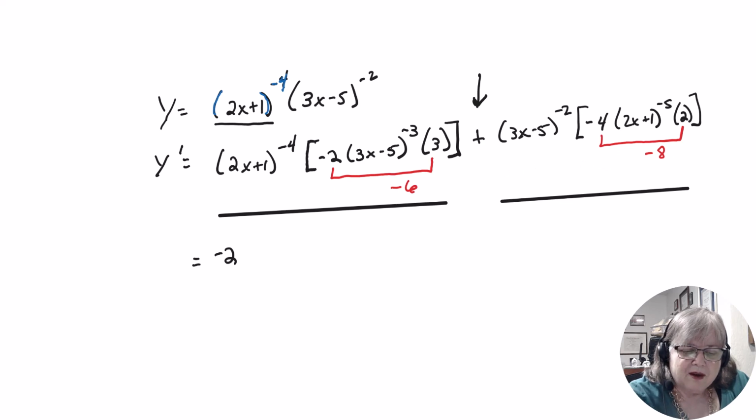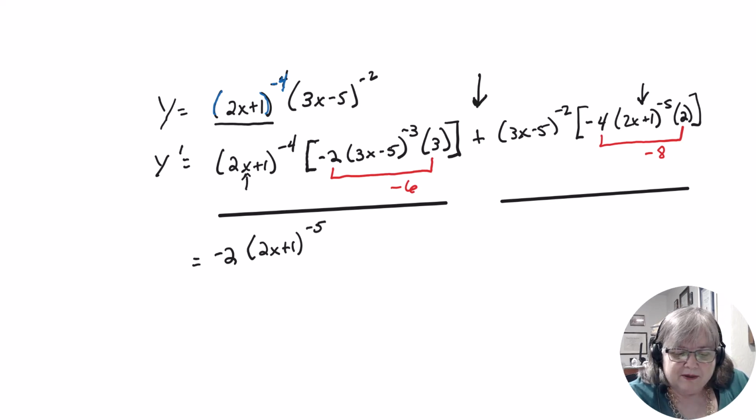I have a 2x plus 1 to the negative 4th and a 2x plus 1 to the negative fifth. And you always factor out the smallest power. And which is smaller, negative 5 or negative 4? Well, negative 5 is. So we're going to factor out a 2x plus 1, and the smaller power is a negative 5.